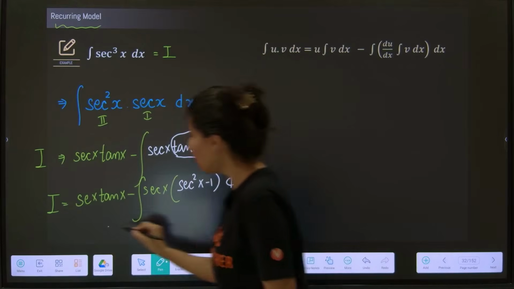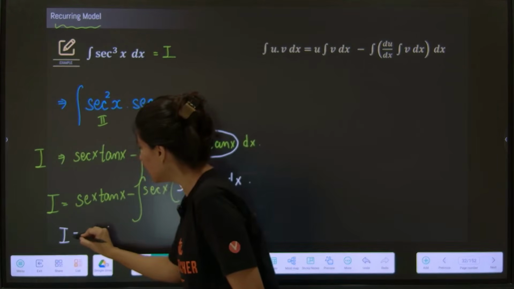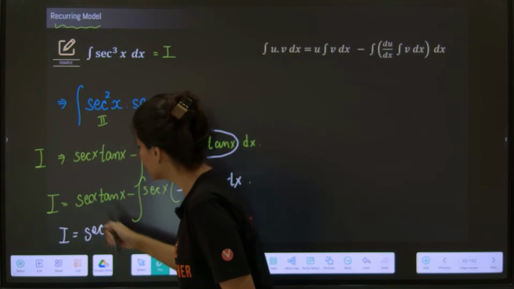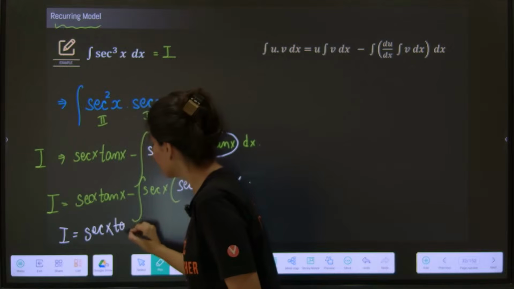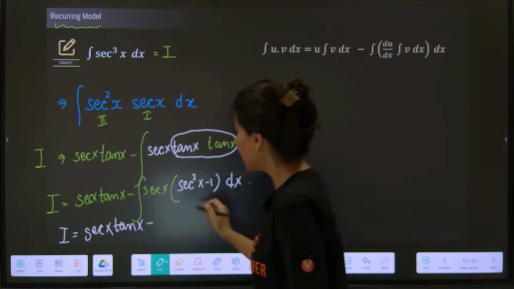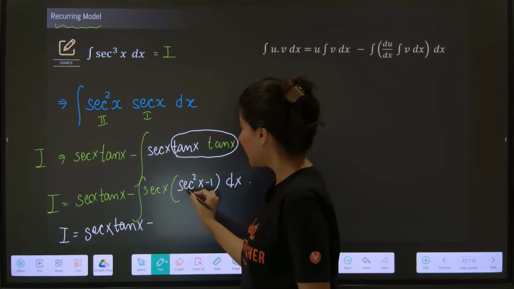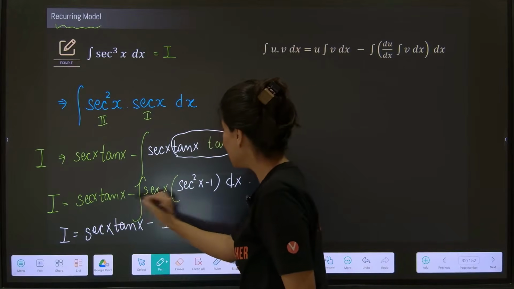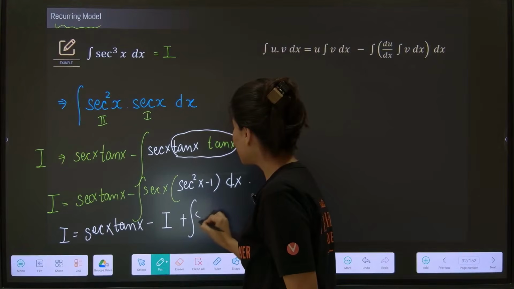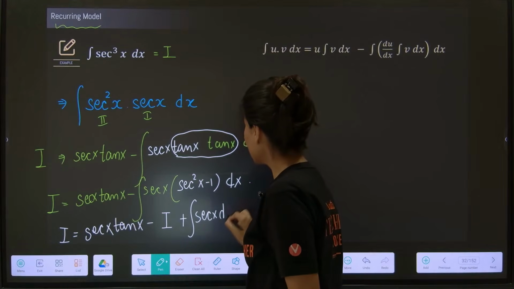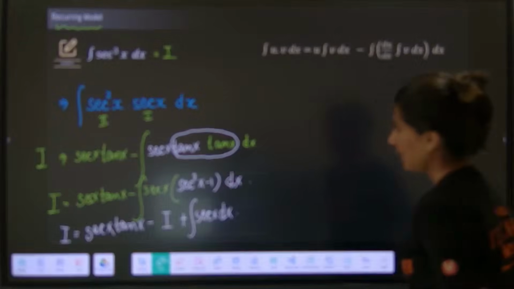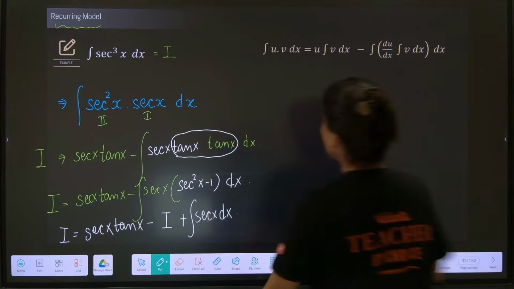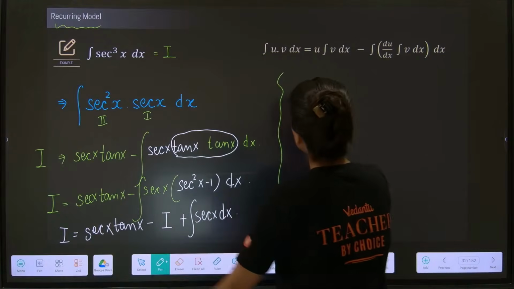Okay, now if you solve it, do you even realize what is going to happen? Sec cube x. So minus sec cube x, which is the original question. So can I write minus I plus integration of sec x dx? Yes? So I plus I. Now what will happen? 2I.